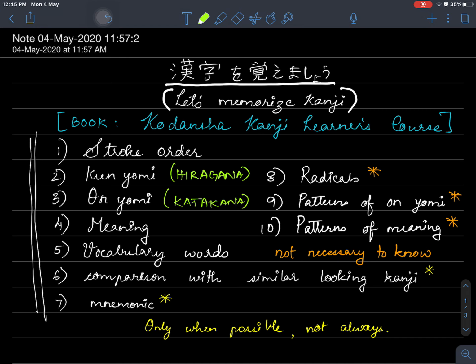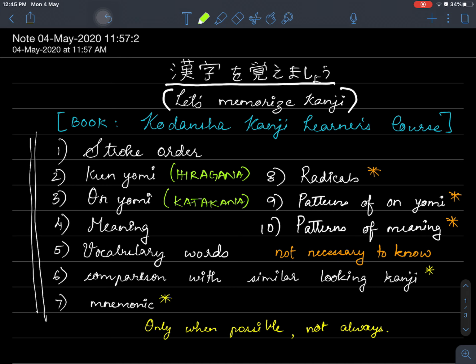Now, because this is a kanji course only, I would request any viewers to please go through hiragana and katakana on their own. There are several resources available online, including several videos on YouTube itself. I could recommend a few channels for you in case you're interested. Those channels also cover several other things, from grammar to sentence usage to basic speech, etc. I will link them in the description if necessary.